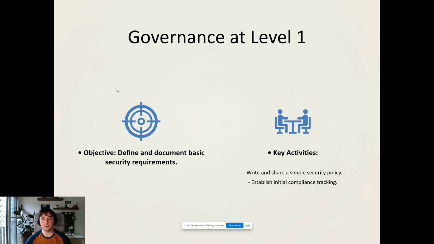And here you go. Based on this policy, you can start your ISO certification. But in order to start this, you need to start to write this simple security policy.